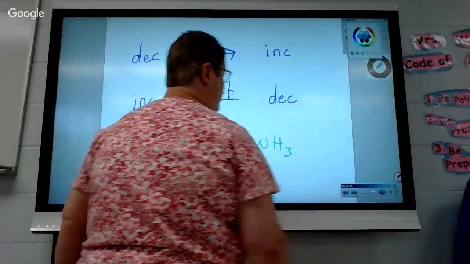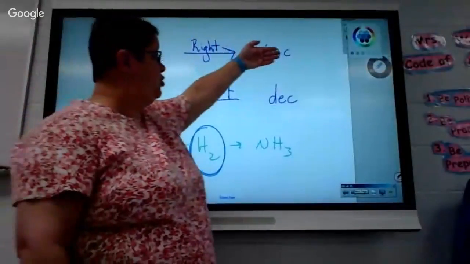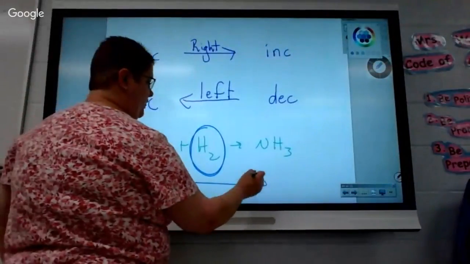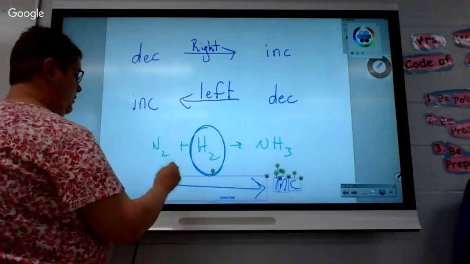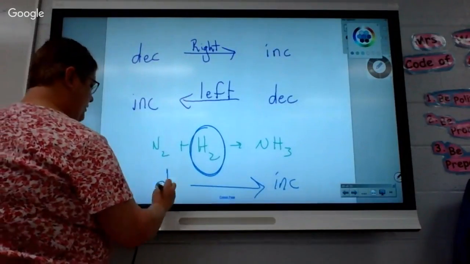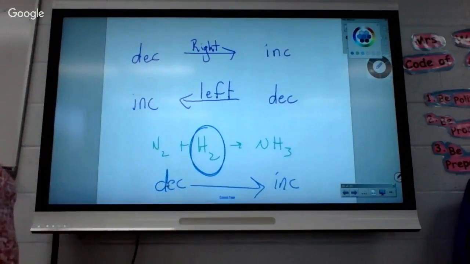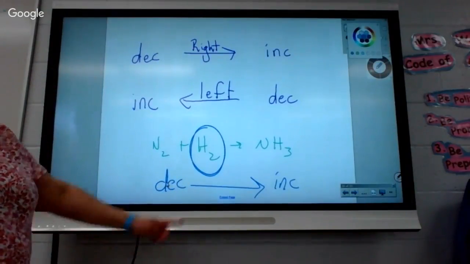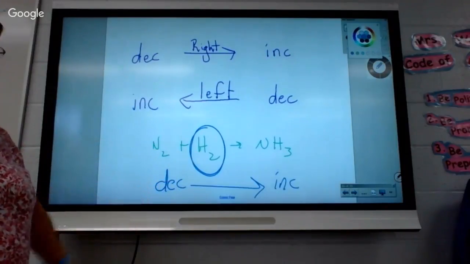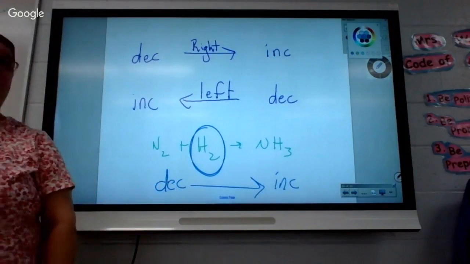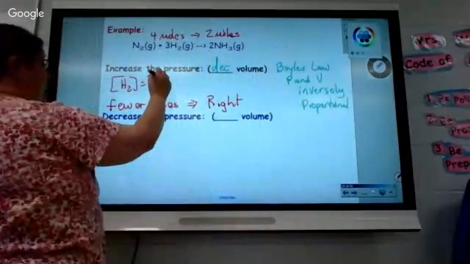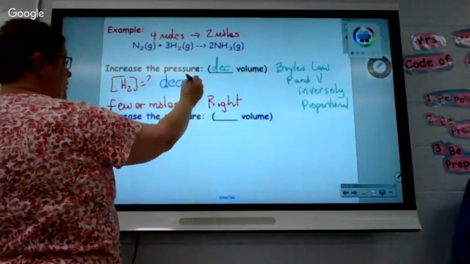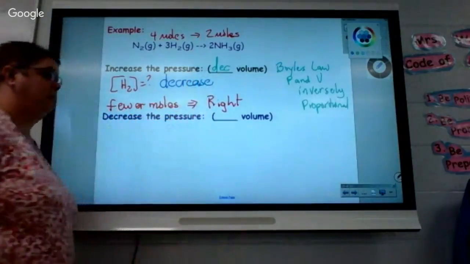So if it shifts to the right, it's going to decrease this side. So what's going to happen to hydrogen? It's going to decrease, because hydrogen's on the left side. If it was going to the left, hydrogen would be on the left, so it would increase. That is correct. So next to hydrogen, I would write that it decreased there.